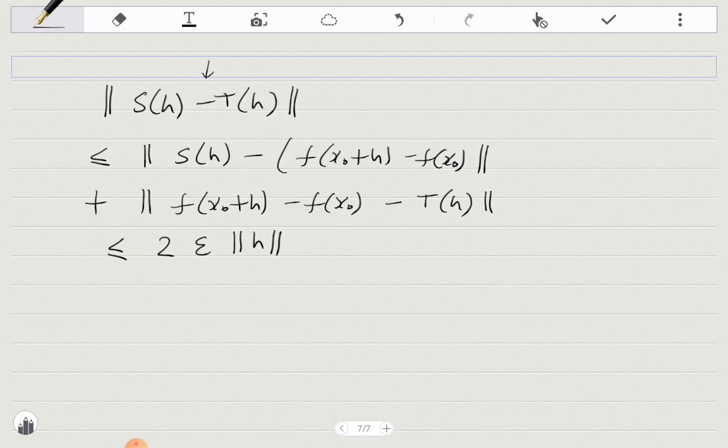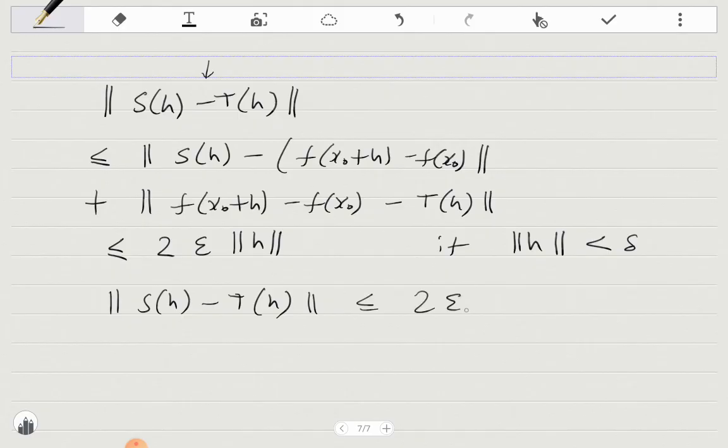Well, now what I can do is, so ultimately I'll end up getting norm of S h minus T h is less than or equal to 2 times epsilon norm h, if norm h is less than delta.